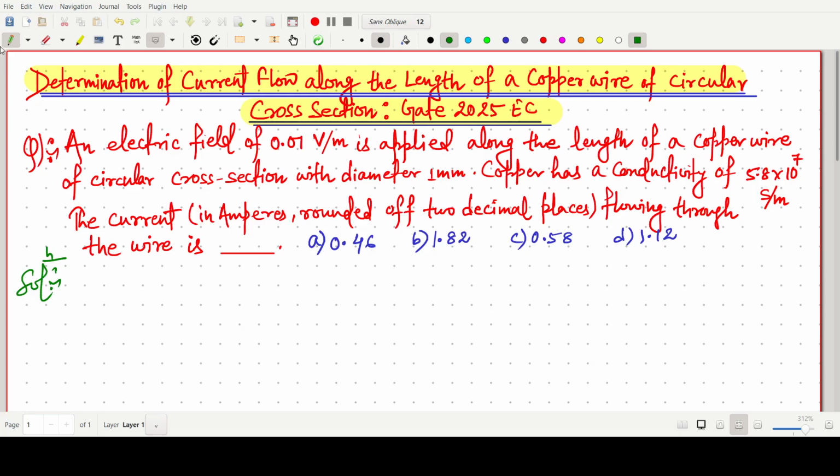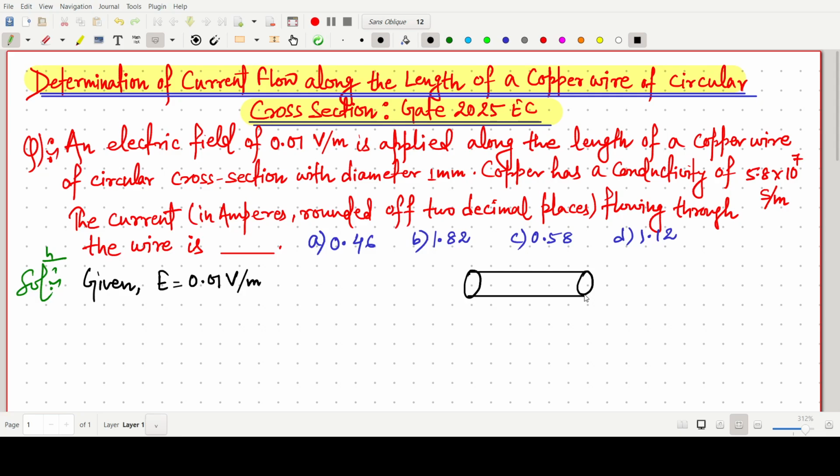In this question, the given thing is the electric field value, 0.01 volt per meter, applied along the length of a copper wire having circular cross section. So what I am saying is, there is a copper wire.